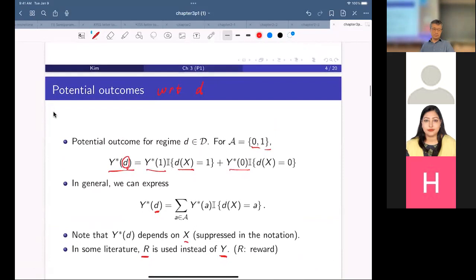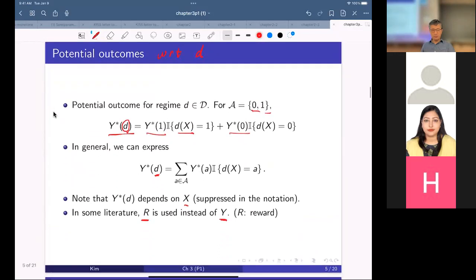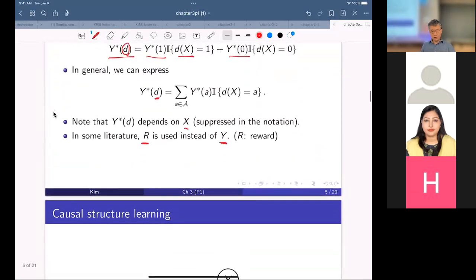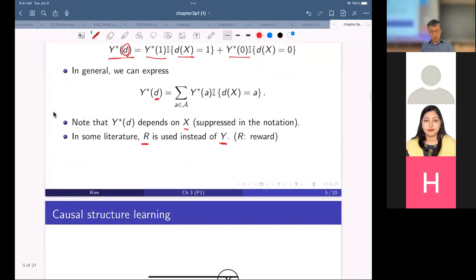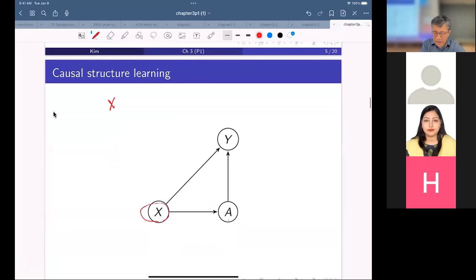So the problem is that the data set we have is just X and A. This is the data, but we are more interested in the effect of the rule.